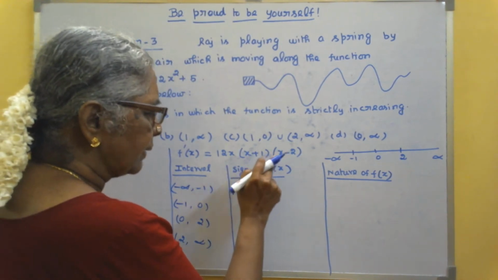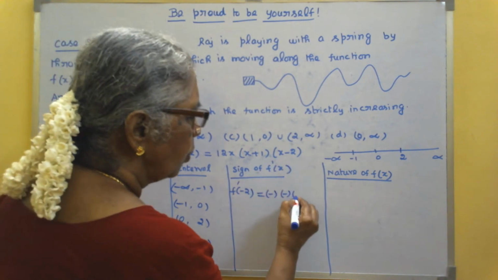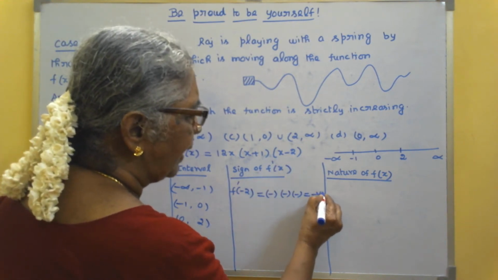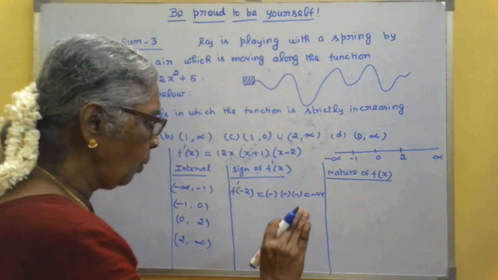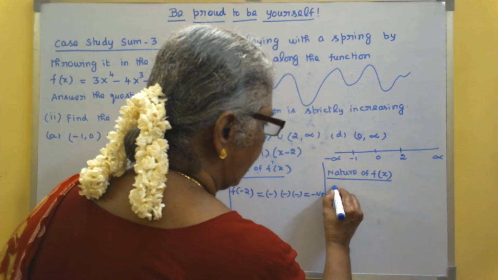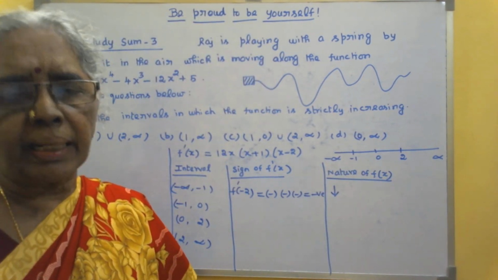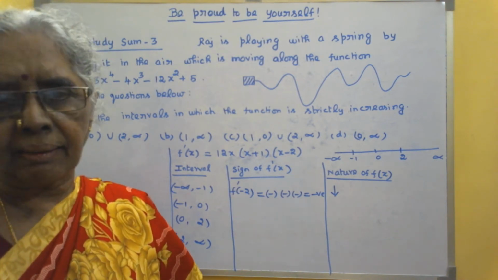Then coming to this, minus 2 plus 1 will be negative. Here also it will be negative. So the product is going to be negative. That means it is lesser than 0. So the function f of x will be strictly decreasing. So I am putting a downward arrow to denote this. Upward arrow means strictly increasing.